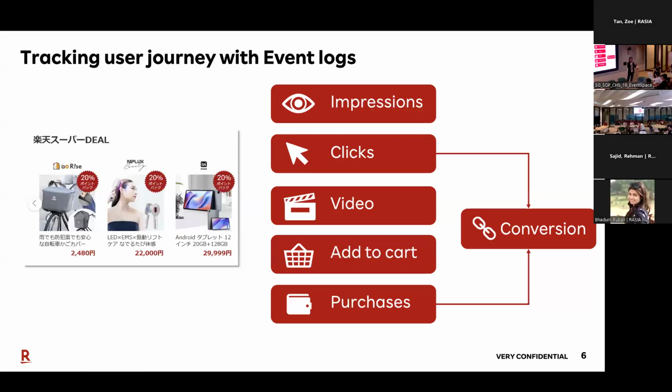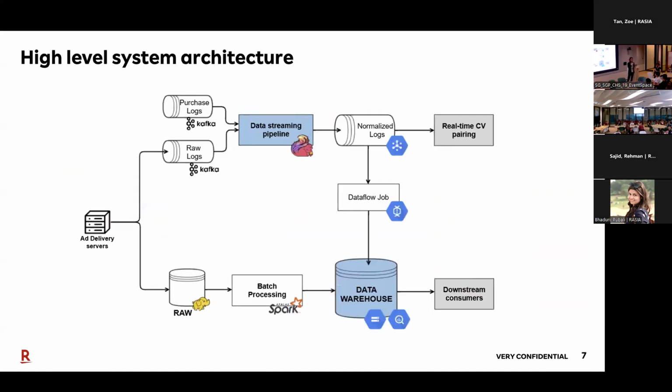So all these event logs and data would be sent to our system for processing. And our system will transform and normalize it to make sure that the logs coming from the different ad services, be it search ads, banner ads, or mail ads, will be comparable with each other.